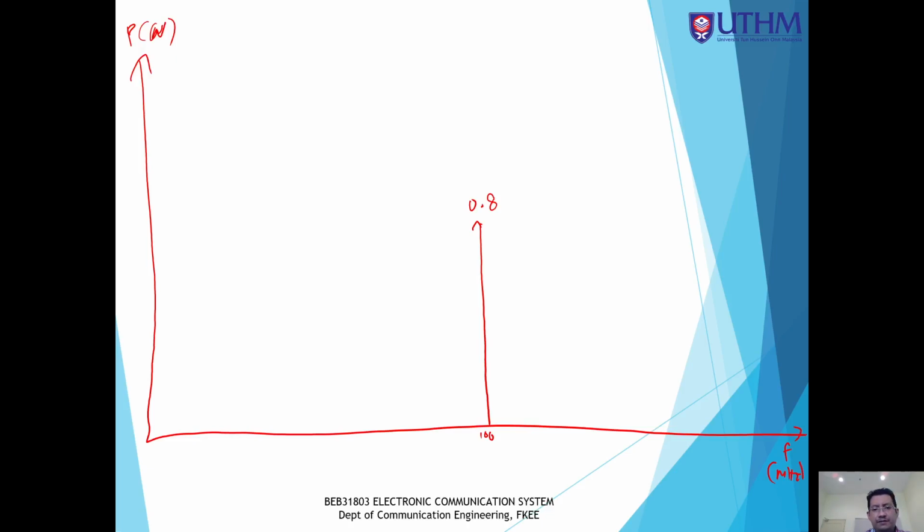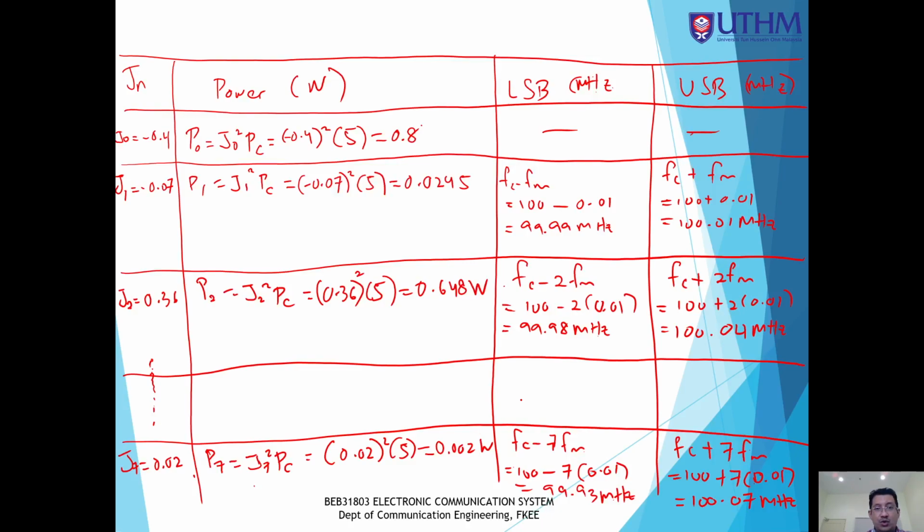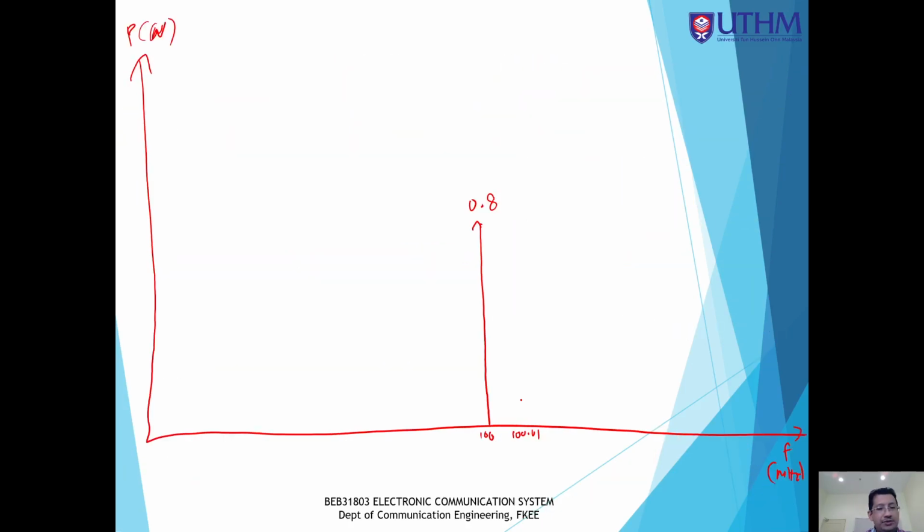And then we have the first sideband at 100.01. The value is quite small, 0.02, so you can make it small like this. The other one is at 99.99, with 0.0245.